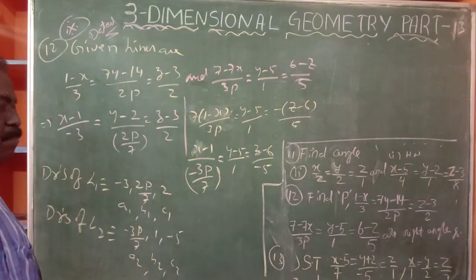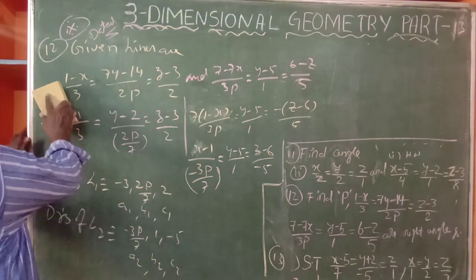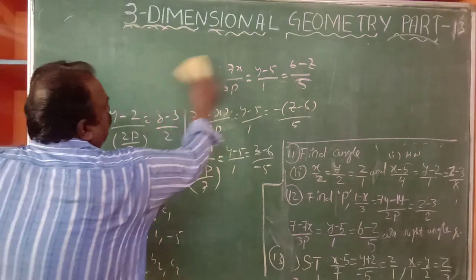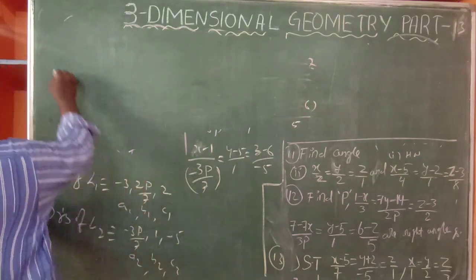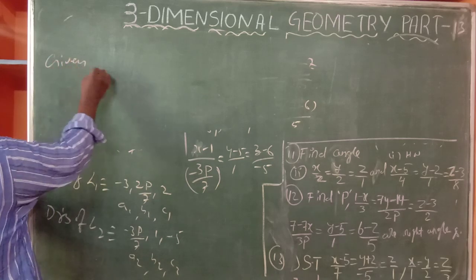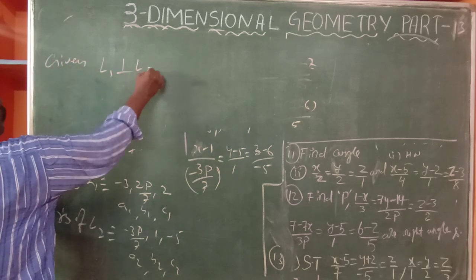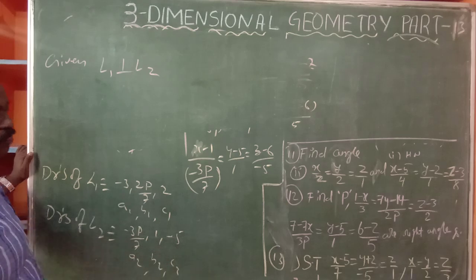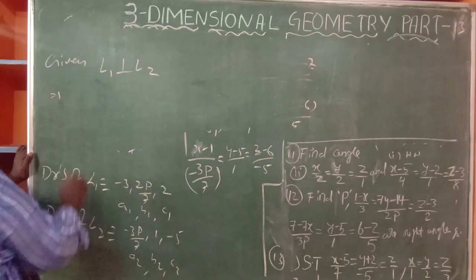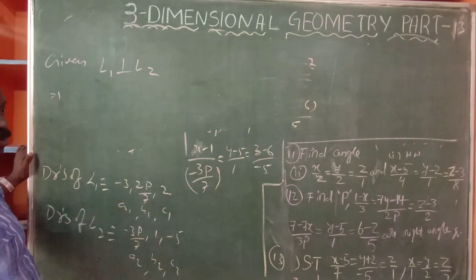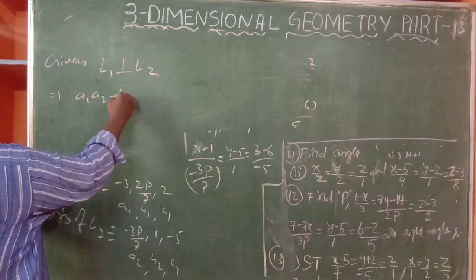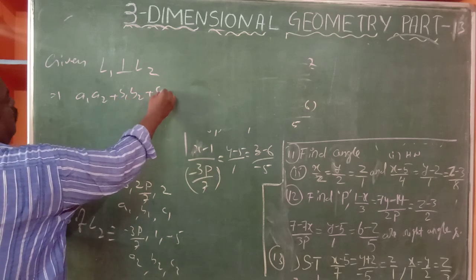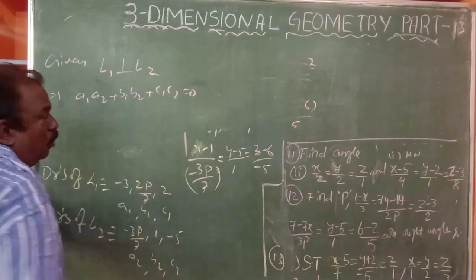Here they are perpendicular. Whereas we are given L1 is perpendicular to L2. That implies, perpendicular means cos theta is 0. Cos 90 is 0. That implies A1 A2 plus B1 B2 plus C1 C2 is equal to 0.